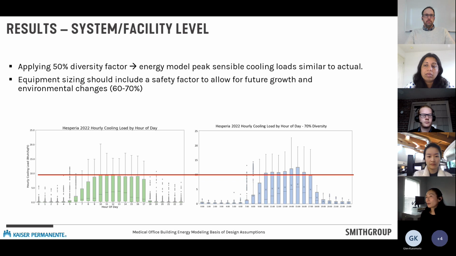Having said that, we wouldn't recommend that you do your equipment sizing on the 50%. We'd rather you do your sizing based on 60 to 70% because as engineers, we love our safety factors. And that safety factor will allow for future growth and also environmental changes.